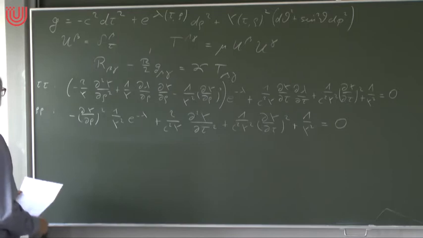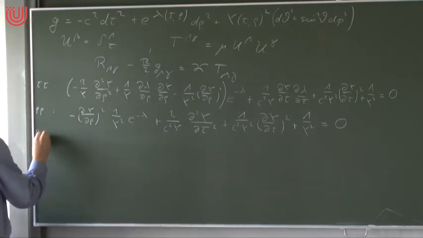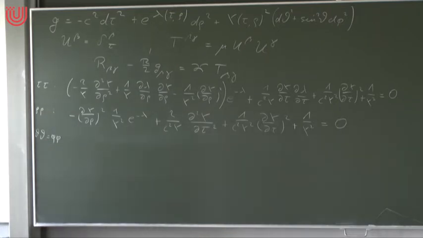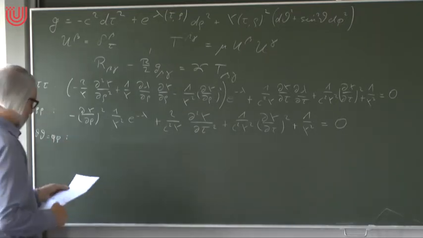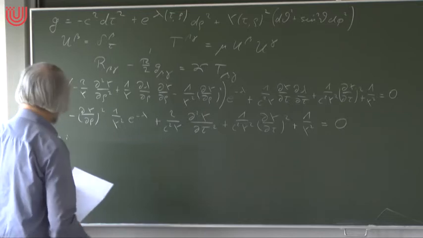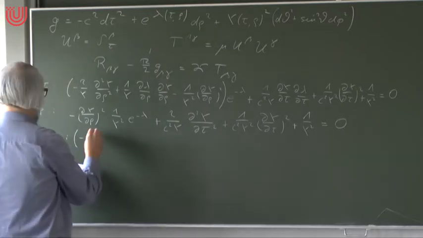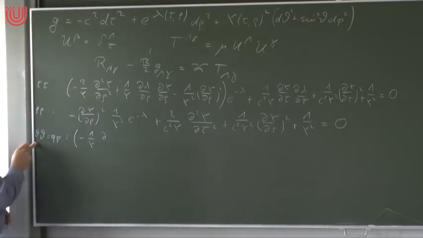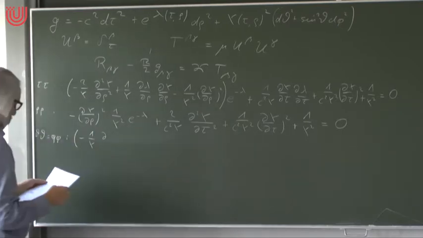So what else do we have? Then we have the other two diagonal elements, theta theta and phi phi component. They are fortunately equal, so they give the same equation, which by the way is just a consequence of the spherical symmetry. It's always this way.